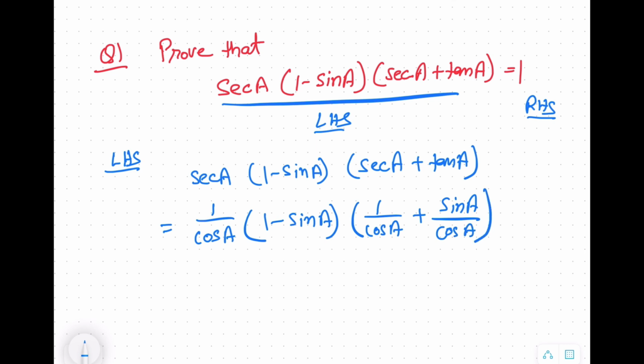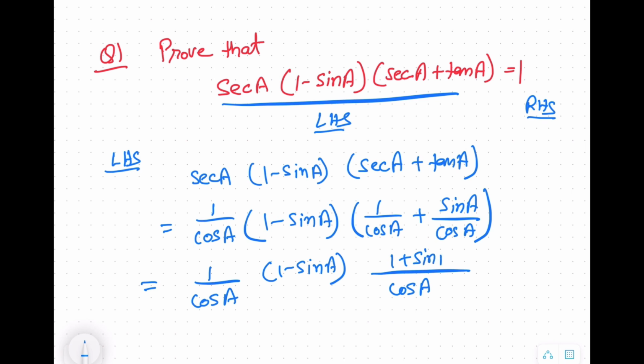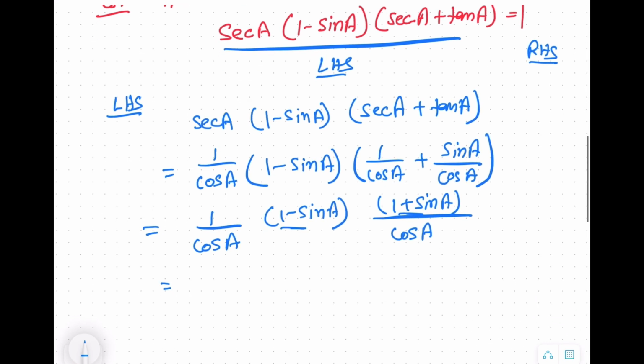So 1 over cos A times 1 minus sine A, and taking an LCM, this will be cos A times 1 plus sine A. Now 1 minus sine A times 1 plus sine A, we can use the formula A minus B times A plus B. If you remember, I already talked about this in my previous video, you can check it out. So we can write A squared minus B squared.